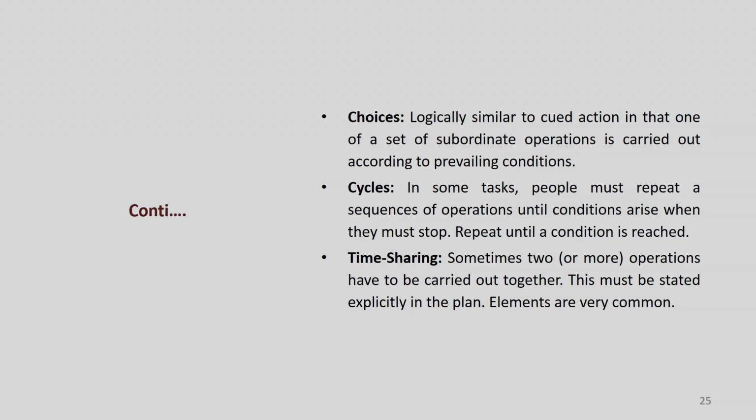One more is choices. It is logically similar to queued action, in that one of a set of subordinate operations is carried out according to prevailing conditions. Then cycles, and again the nomenclature says everything: in some tasks people must repeat a sequence of operations until conditions arise when they must stop. Repeat until a condition is reached.